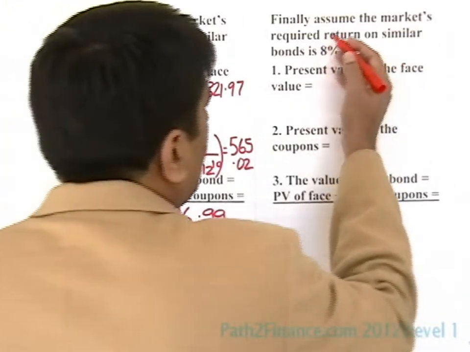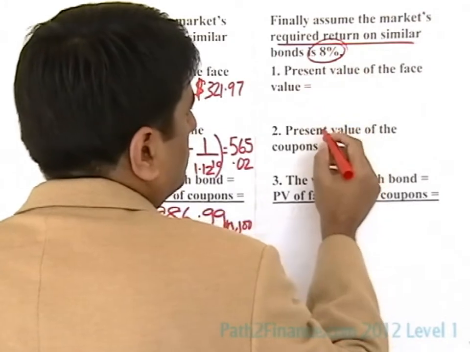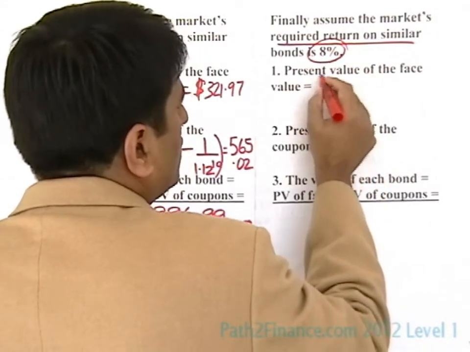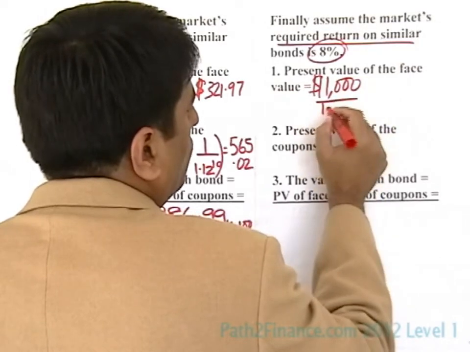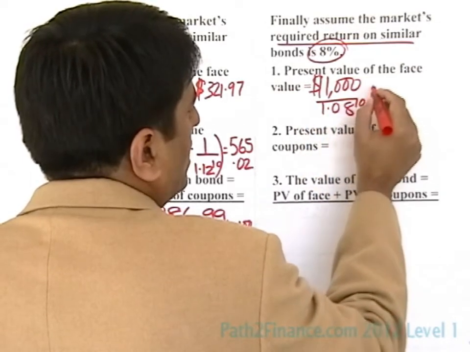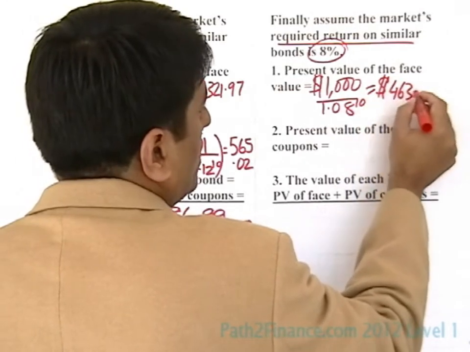So here we have the market's rate of return going to 8%. The present value of face becomes $1,000 upon 1.08 to the power 10. So that is $463.19.